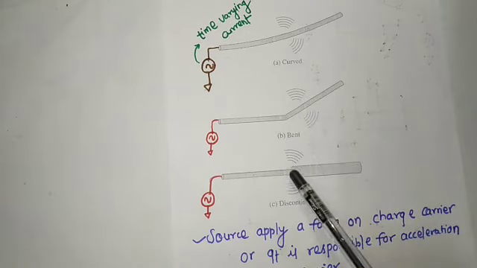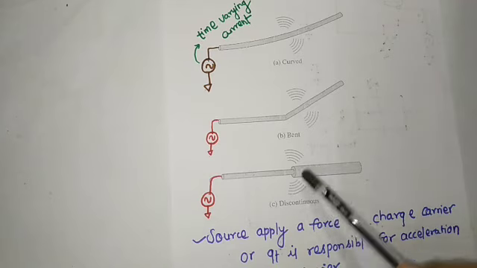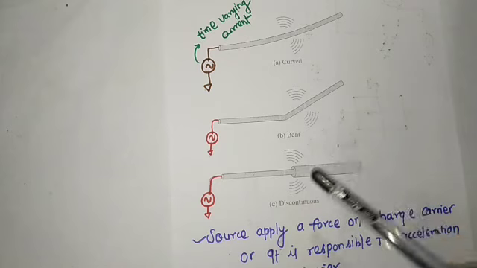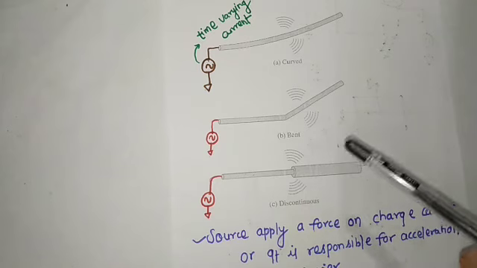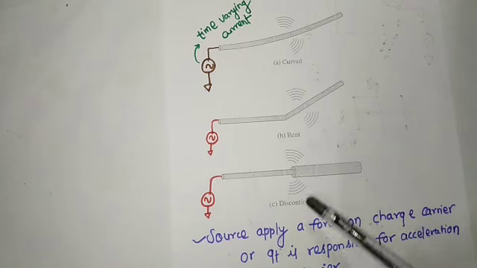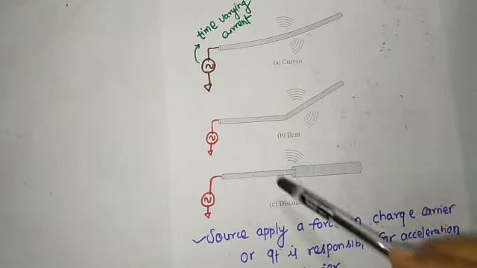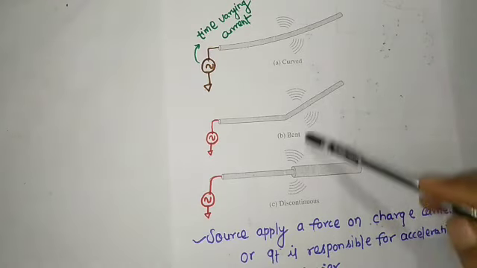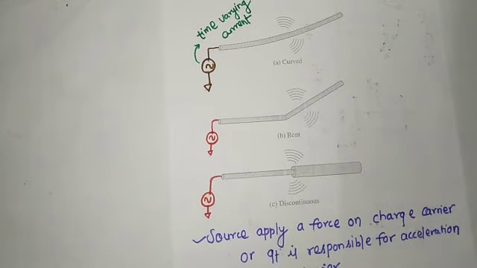At a discontinuity, it will change its velocity. A discontinuity is like a speed breaker on the road: a car reduces its velocity.